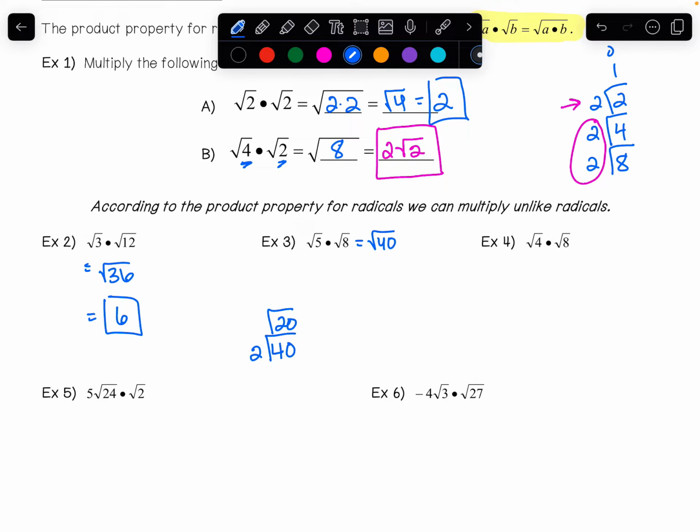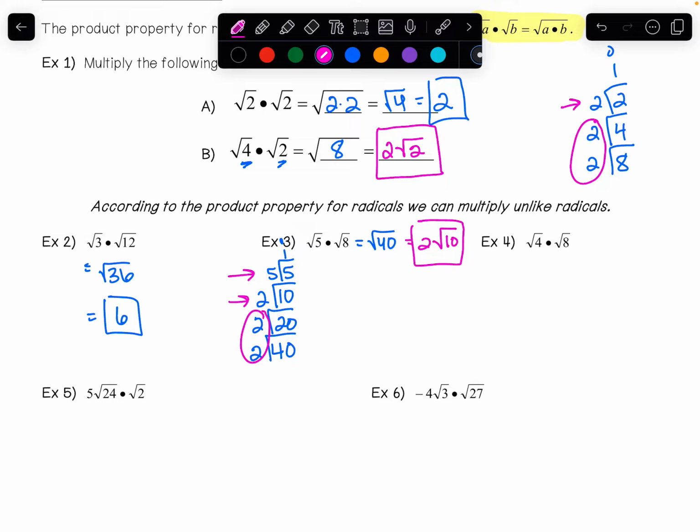The smallest prime number that goes into 20 is 2, it goes in 10 times. 2 goes into 10 5 times, and 5 goes into itself once. So I have a pair of 2's that can leave the square root symbol. This 2 and this 5 are both staying inside. 2 times 5 is 10. So our answer here is 2 square roots of 10.